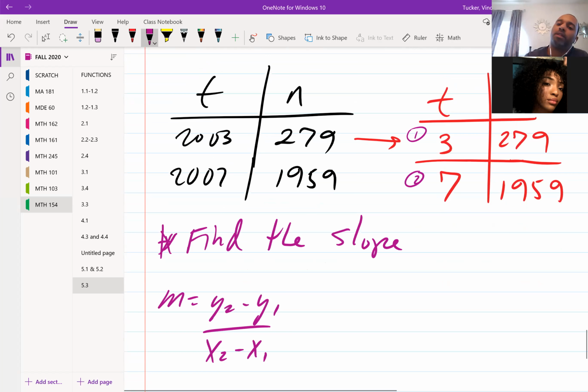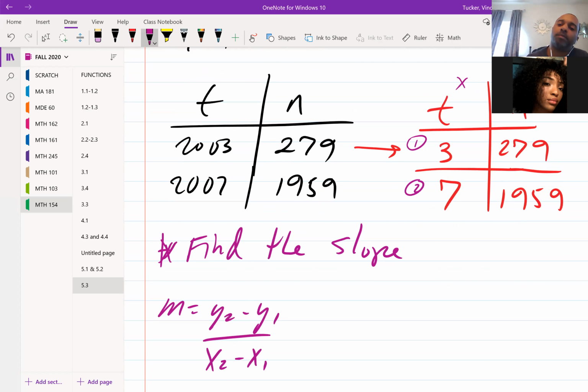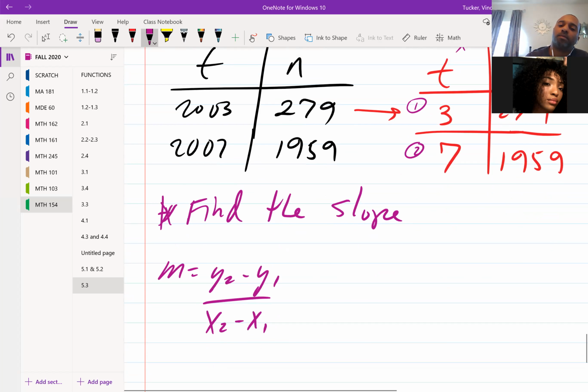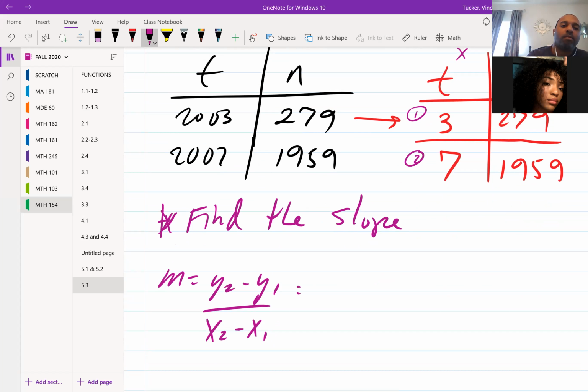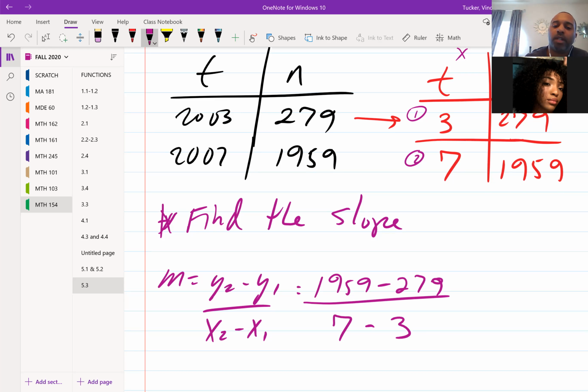In this case, this is x and this is y. All right, so y2 is 1959, y1 would be 279, x2 is 7, x1 would be 3.